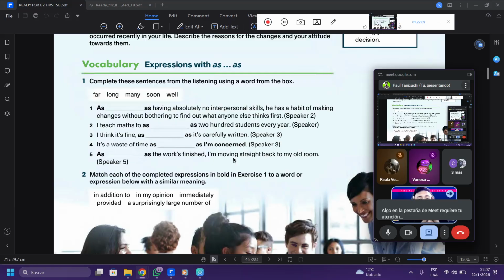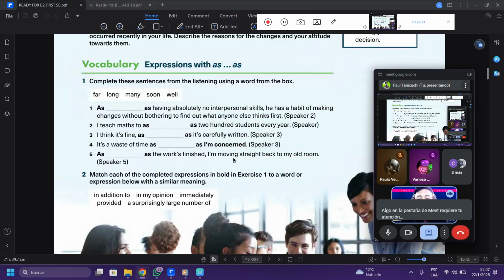Okay. We have to match the following definitions to a word or expression in the previous exercise. Which one of these phrases or expressions means in addition to? From 1 to 5. As well as. Okay?